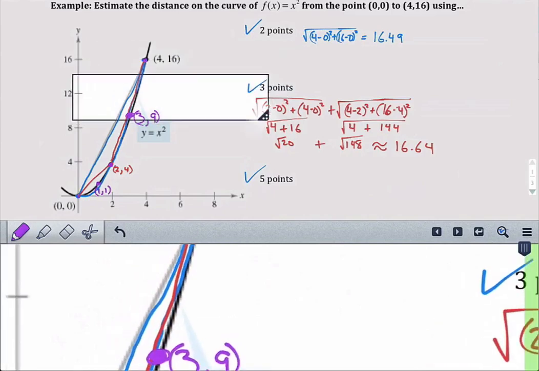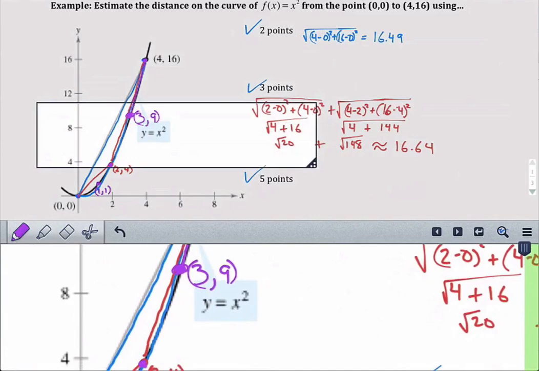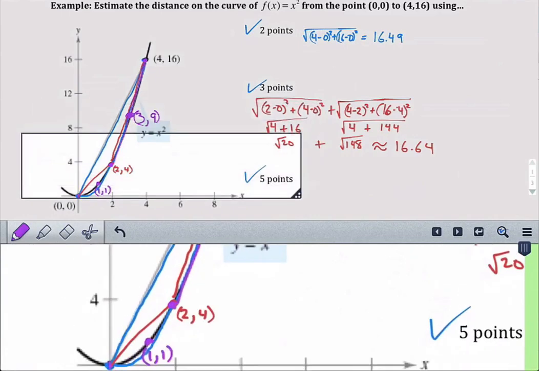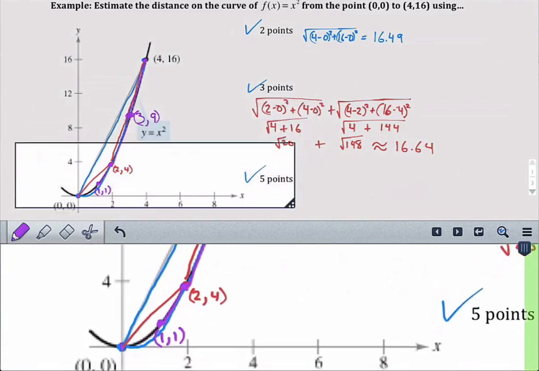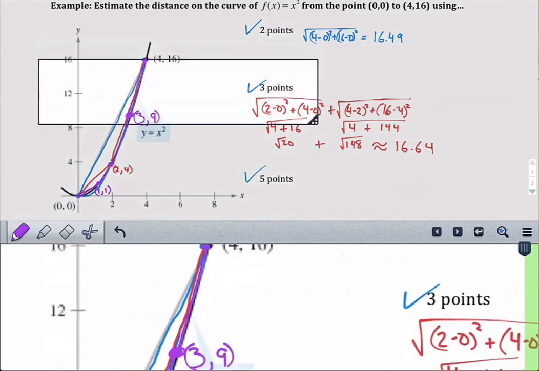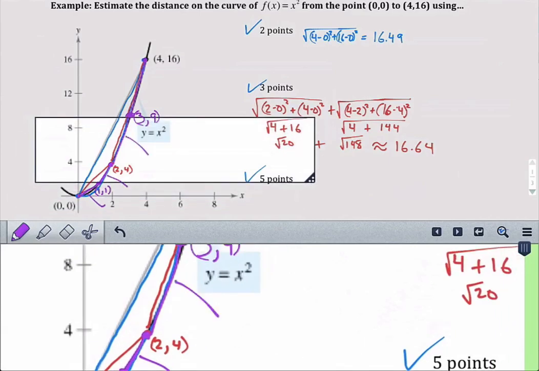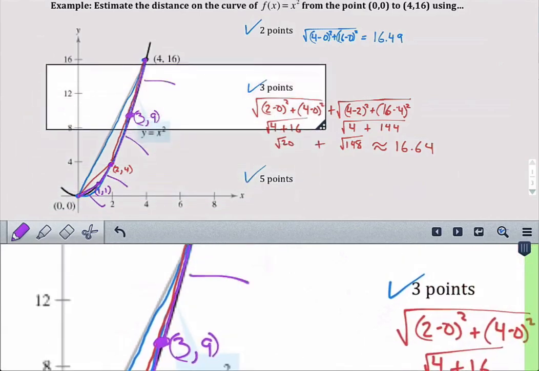All right, so now we can see here are our line segments, purple. And you can see that this is getting a lot closer to the actual curve. So now we have 5 points and actually 4 line segments to find. So we have this one, the one here, the one here, and the one here.